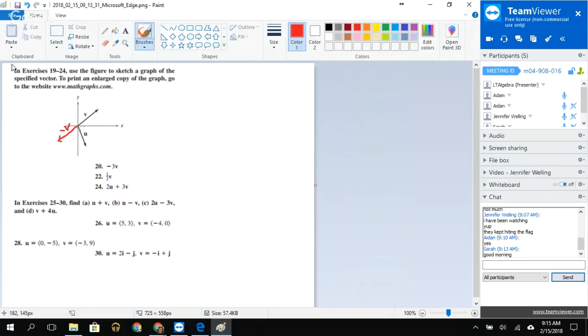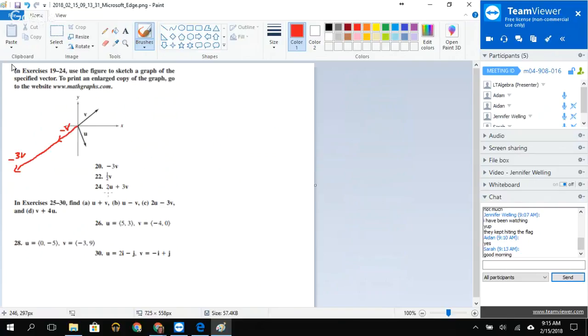But we have negative 3v, so not only do we have one of these, we have two more to add on. So another one and another one. So this would be negative 3v. If you wanted to do half v, I think you can figure that out. That would just be half your line.